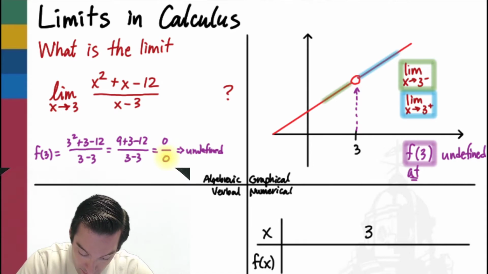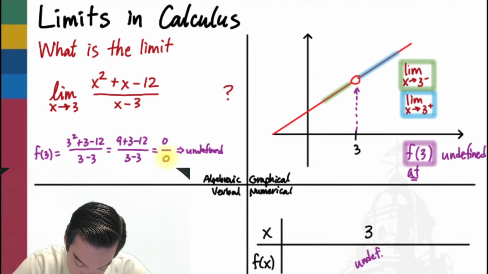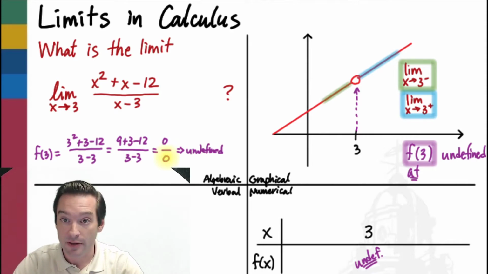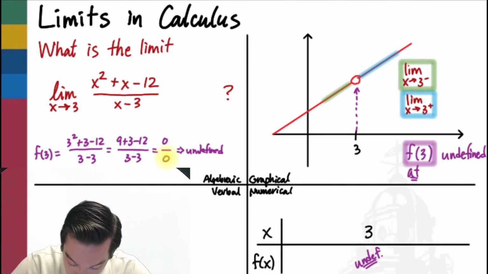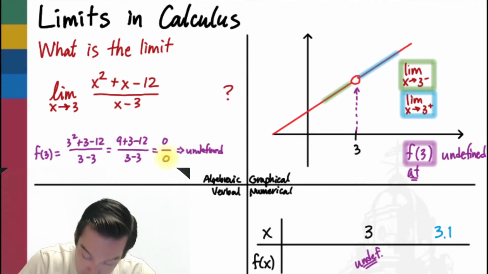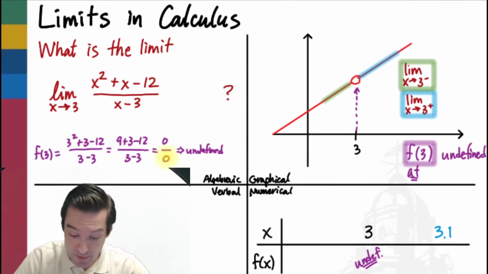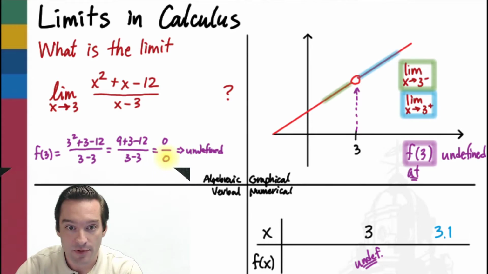Now that we know f of 3 is undefined, I'm just going to write in this data table, undefined, underneath x equals 3. But if I want to know what's happening nearby x equals 3, I should choose some values that are close, but not exactly equal to 3. For example, if I choose 3.1, that's going to tell me something about what's happening to my y values nearby x equals 3. So let me set myself up for doing that here.